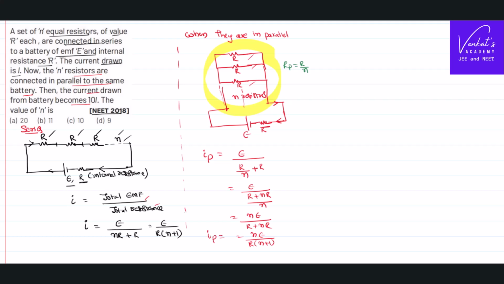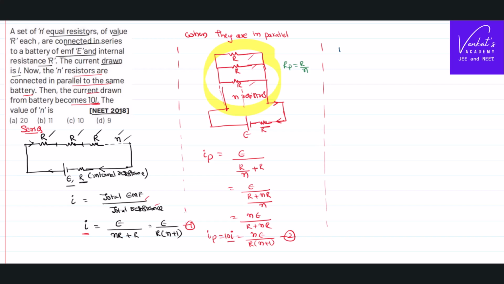But it is given that I parallel value is 10I. So, here I can write 10I. If this is I, this is 10I. We call this equation number 1 and this equation number 2. Let us divide the two equations and see what happens.